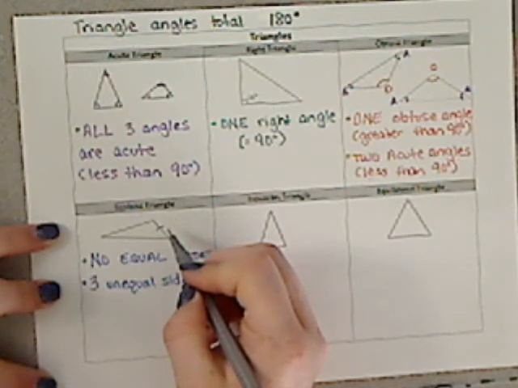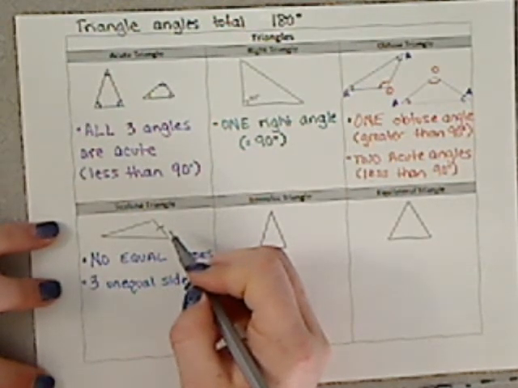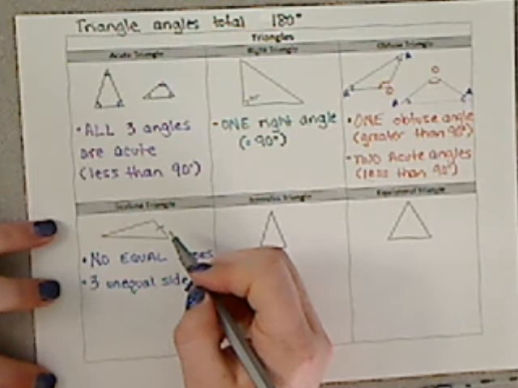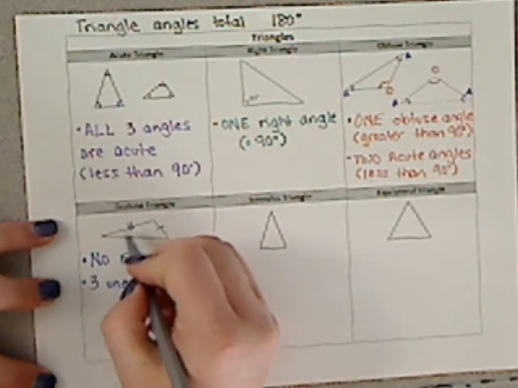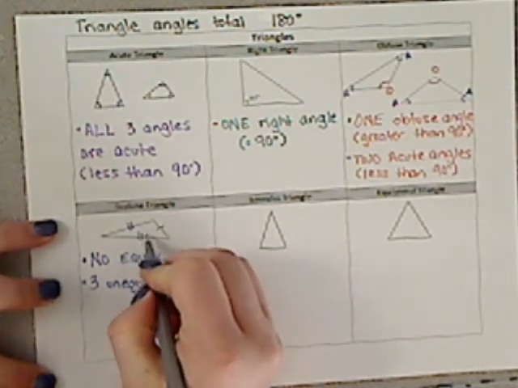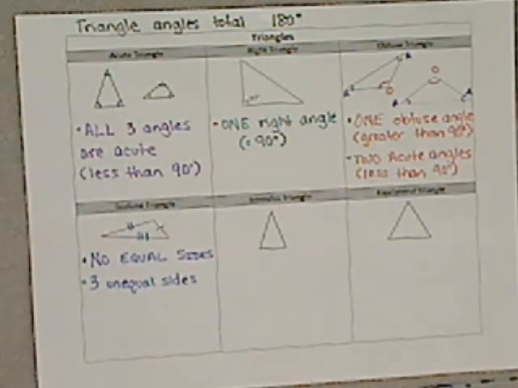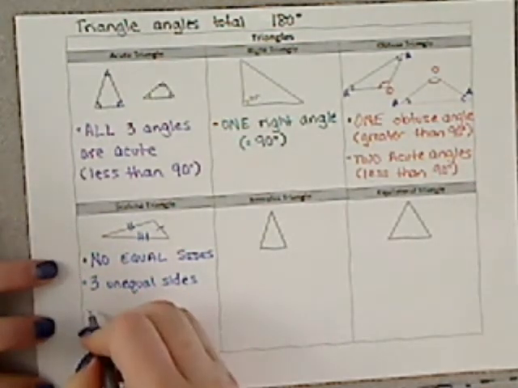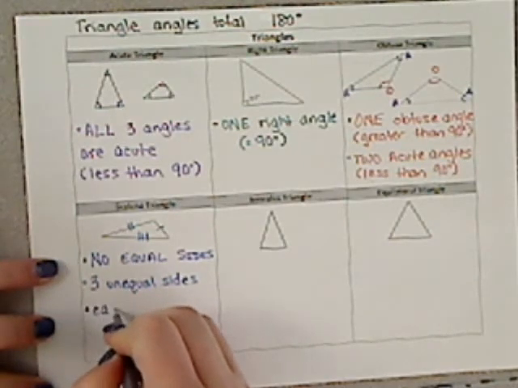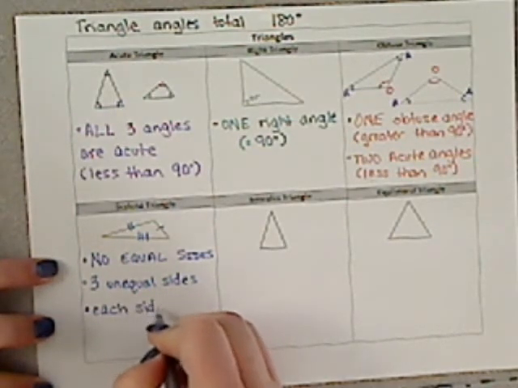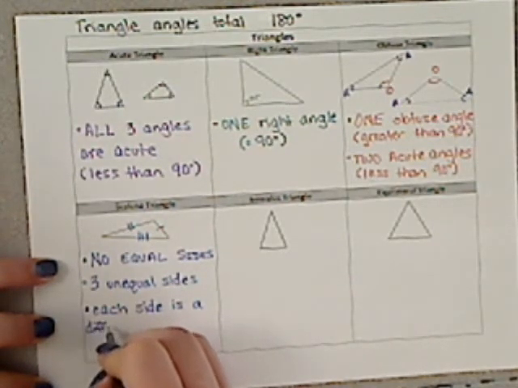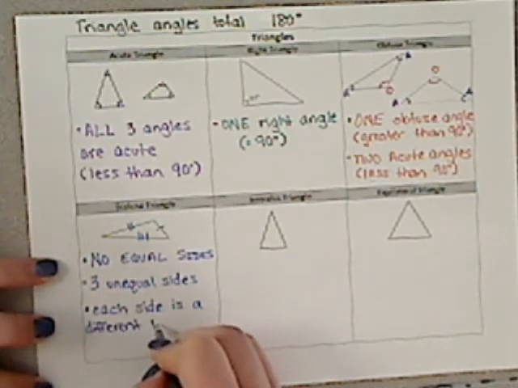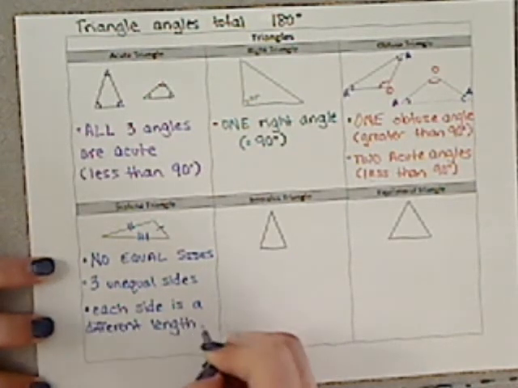And remember, when you are marking congruent and uncongruent lines, you are matching the number of slashes. So this side is 1 length, this side is another length, and this side is a 3rd length. None of them are equal. So each side is a different length. Okay.